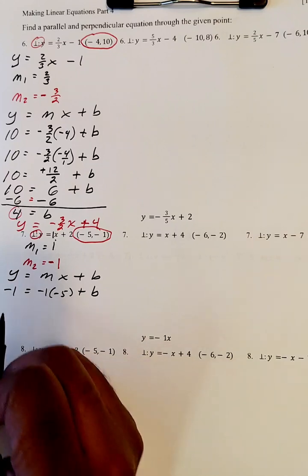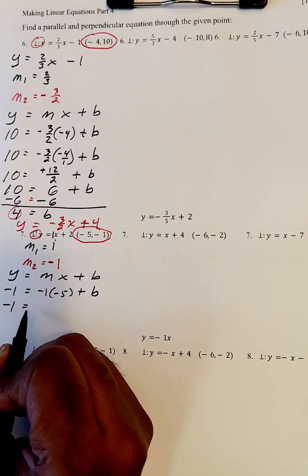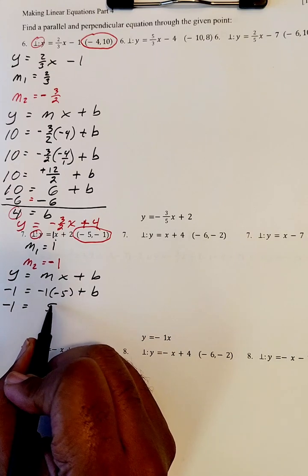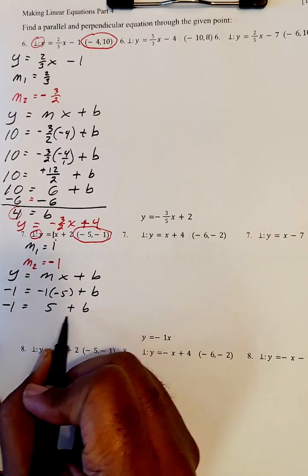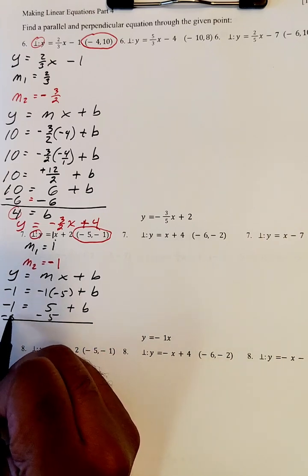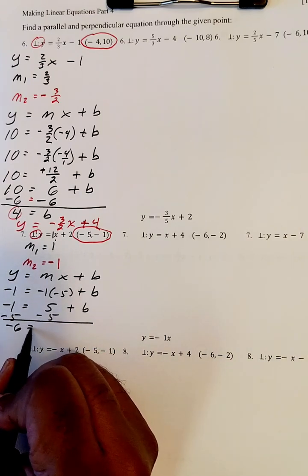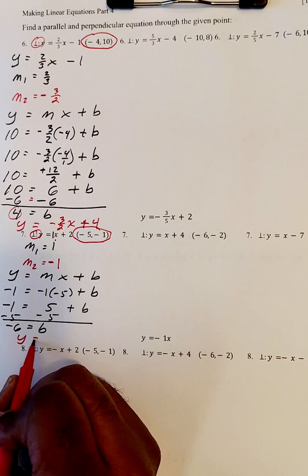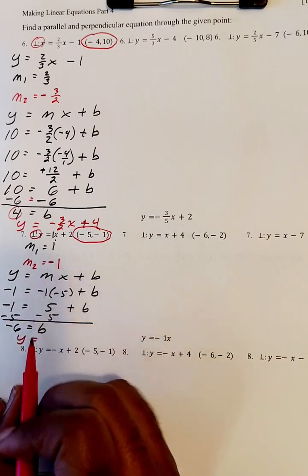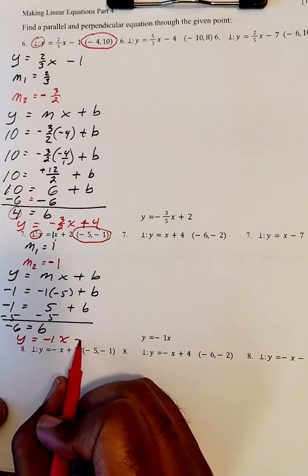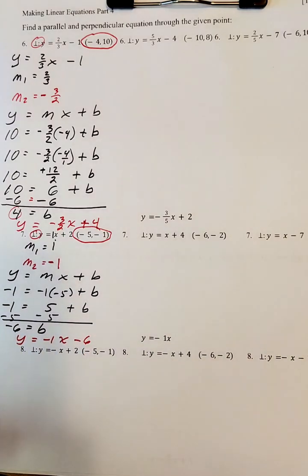Now we'll simplify this. -1 equals -1 times -5 is +5 plus b. And then we'll subtract 5 from both sides, and we'll get a -6. Therefore, our equation will be y equals -1x, and then the -6. And we're done.